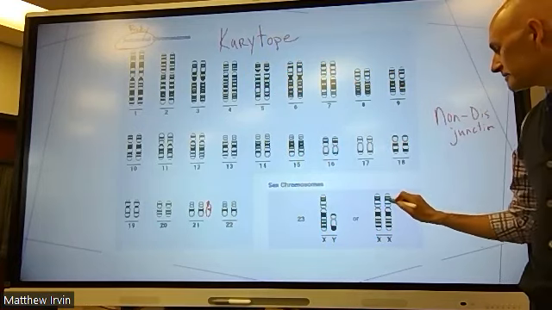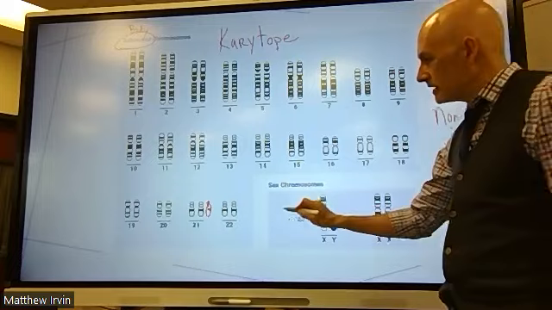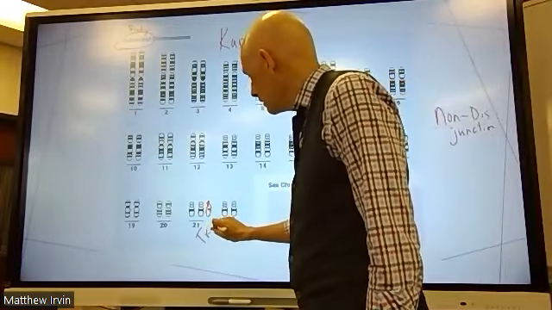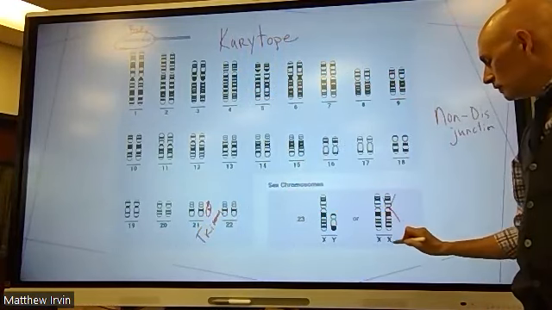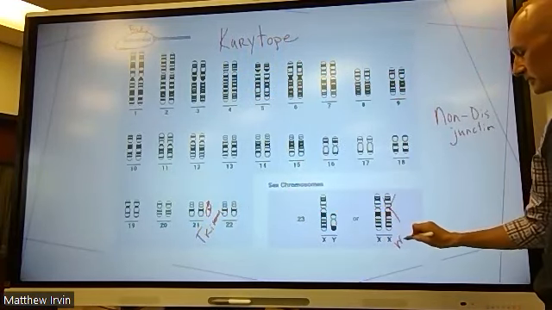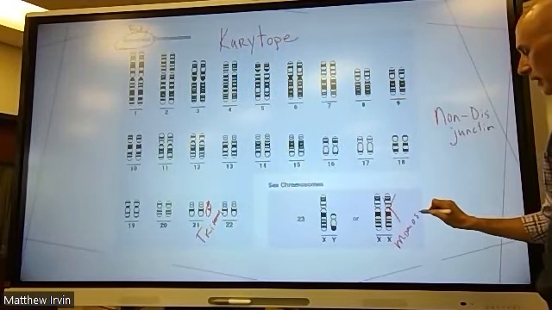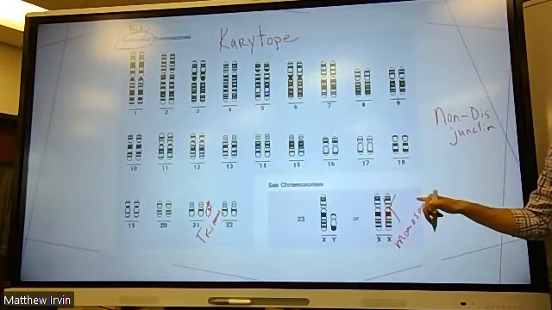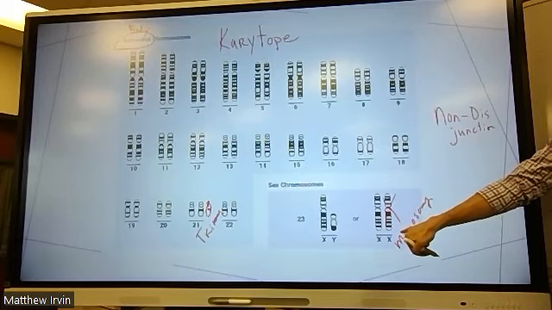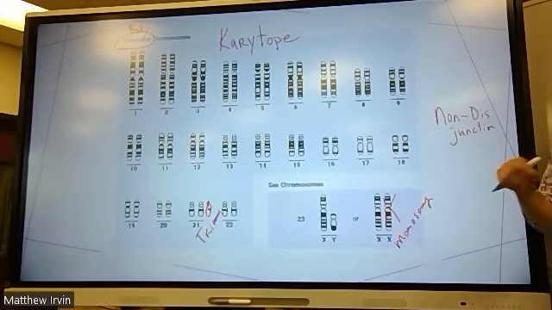You could potentially have someone who has monosomy, so that would be trisomy, an extra chromosome, or maybe you have only one X, and that is monosomy. That would still develop as female, because remember what happens to X chromosomes.